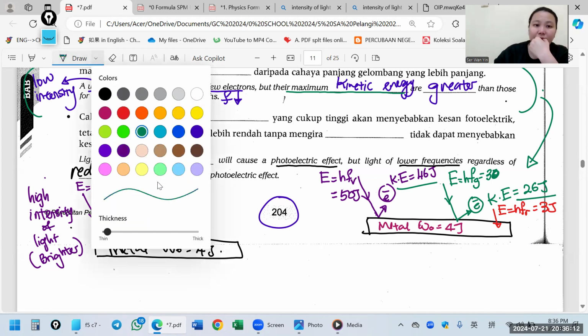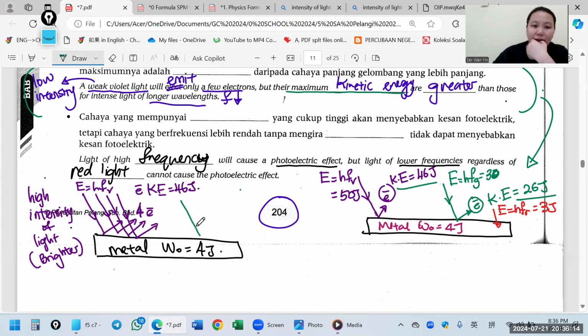So now if green light, high intensity means one time got more light rays. So E equals hf green. So one time could have more electrons, and each electron will go with kinetic energy 26 joules.